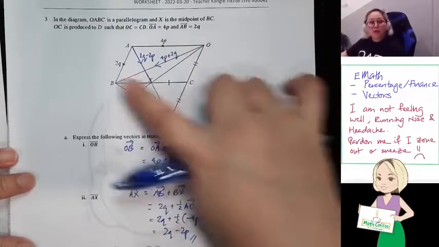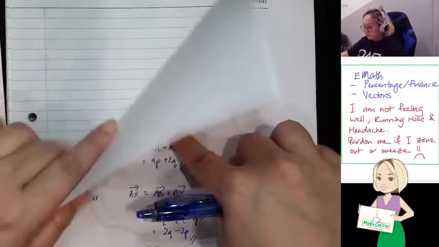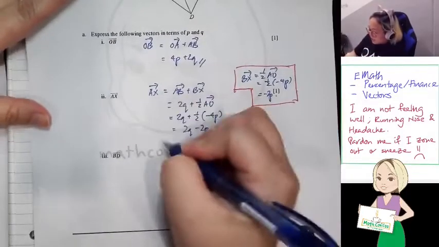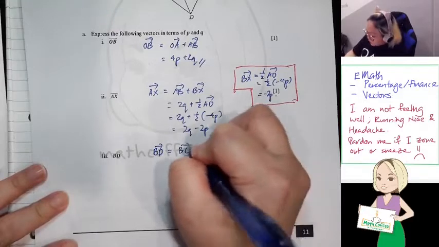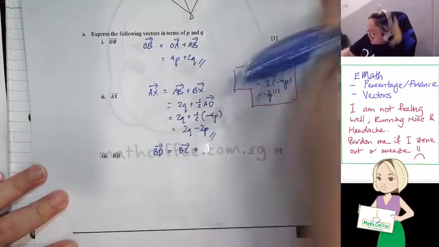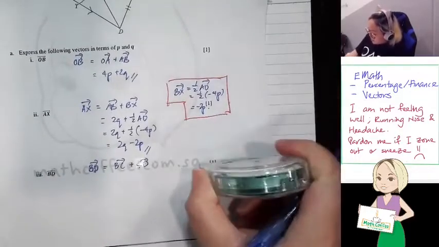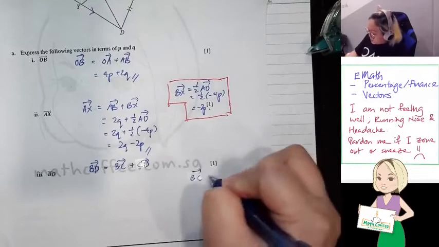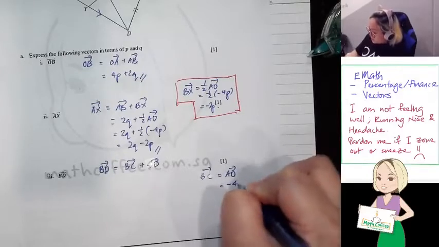So they want BD, which is the shortcut BD. I'm going to walk from B to C, then C to D. Understand? So you will write BD means I'm going to walk from B to C, and then after that C to D. And take note at the side here, BC is equal to AO, which is equal to negative 4P.